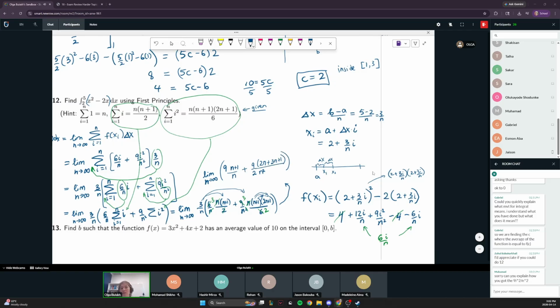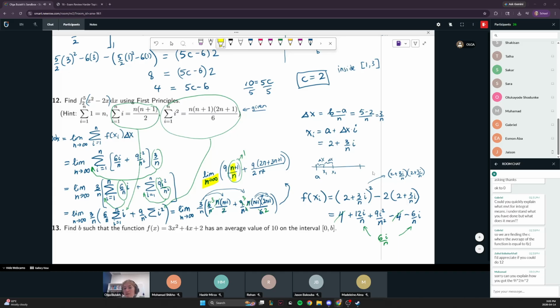You may take more steps than me when you do this. Now, when you do this further, because you have the limit as n goes to infinity, remember how we do those limits. This was 9 multiplying the whole thing. I need to actually do this: 9 and then it multiplies n plus 1. If you look at just this part, that goes to 1 because the highest power is the same.